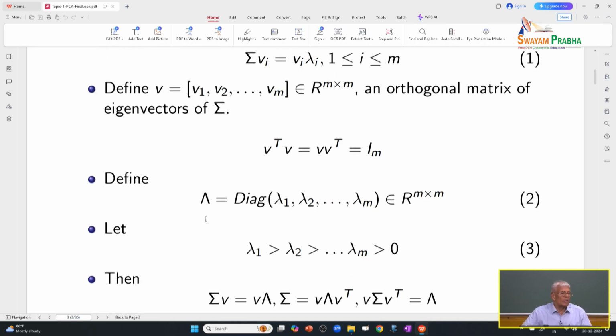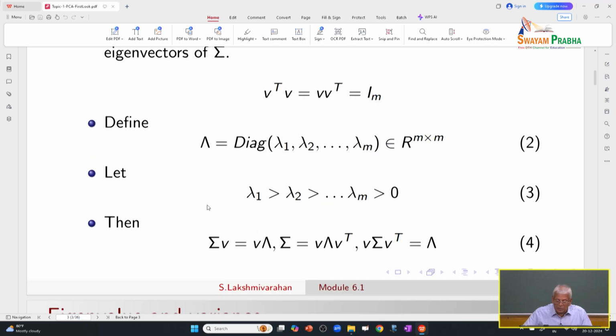Lambda is a diagonal matrix of eigenvalues lambda 1, lambda 2, ..., lambda m. I am going to assume lambda 1, lambda 2, ..., lambda m are strictly ordered: lambda 1 is greater than lambda 2, greater than lambda 3, and lambda m is the last one, the minimum, and the minimum eigenvalue is also positive. So I can express my relation as sigma V is equal to V lambda, which we have already seen.